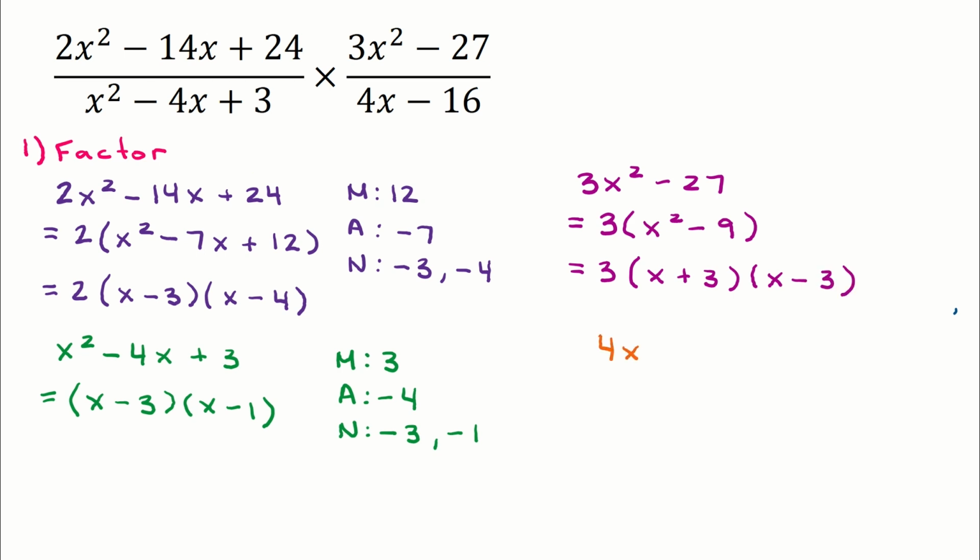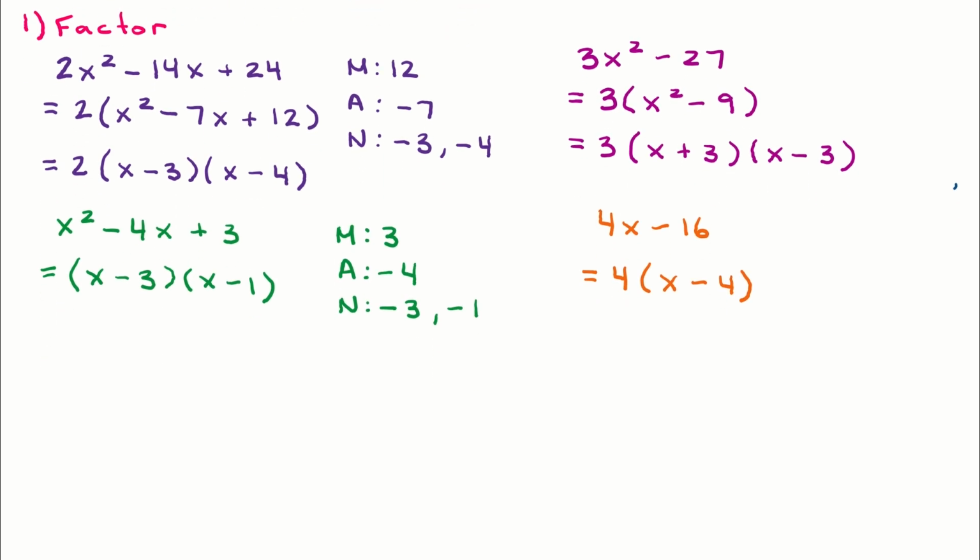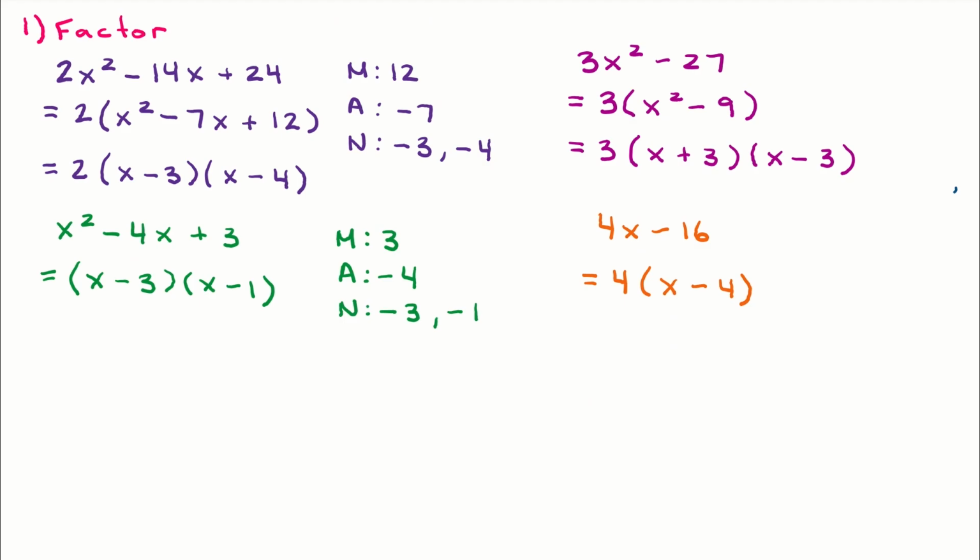Finally, we have 4x minus 16. Now, this can just be common factored by taking out the 4 and leaving us with x minus 4. Once we have everything factored, we can put them back into our fractions, and we can start reducing.